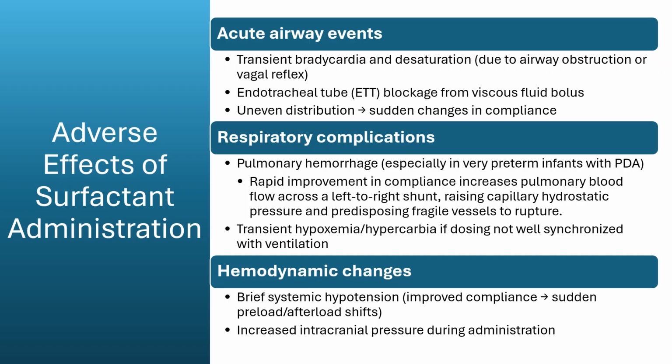Respiratory complications include pulmonary hemorrhage, most often in extremely low birth weight infants with a patent ductus arteriosus. As surfactant improves compliance, pulmonary blood flow across the ductus rises, increasing hydrostatic pressure in fragile vessels and predisposing to bleeding. If instillation is poorly synchronized with ventilation, transient hypoxemia and hypercarbia may follow.